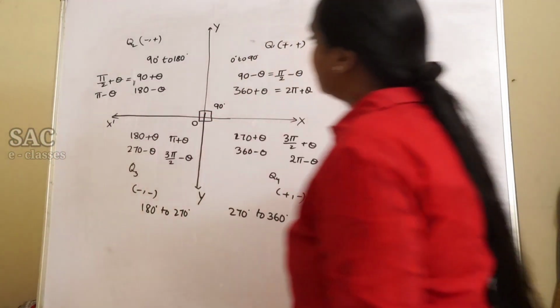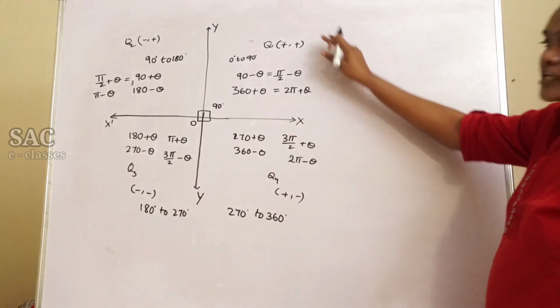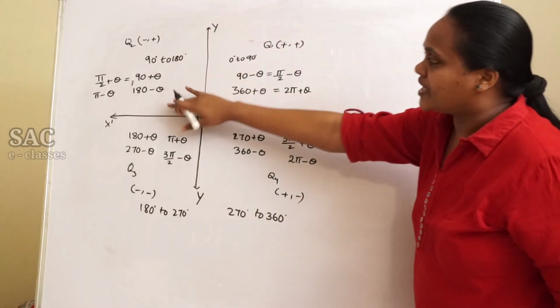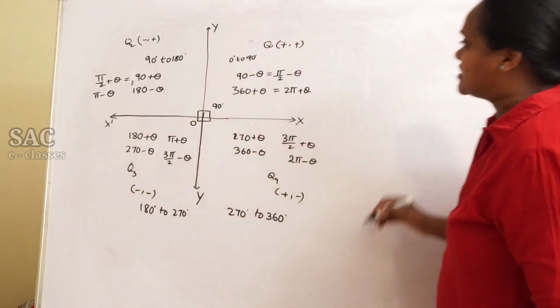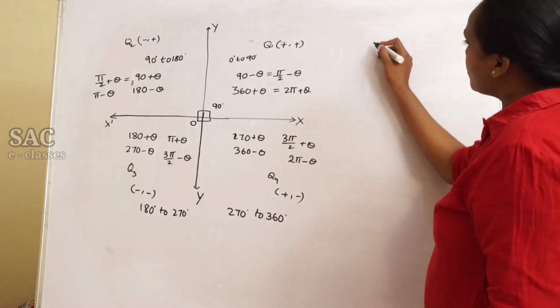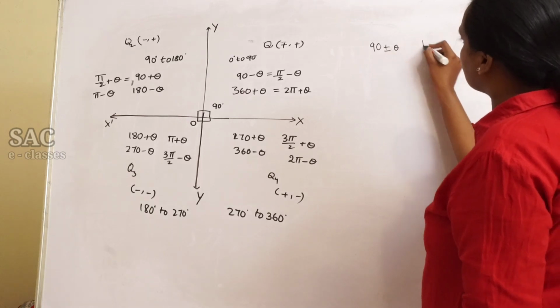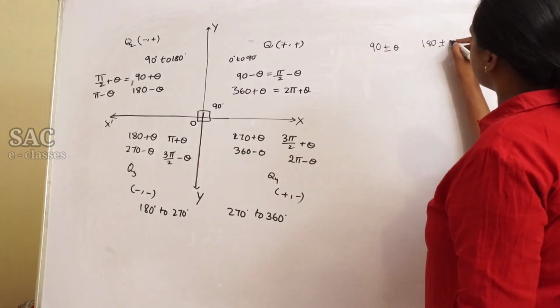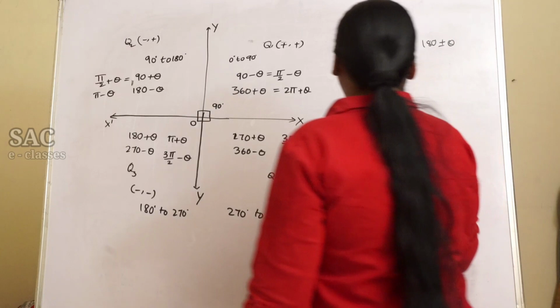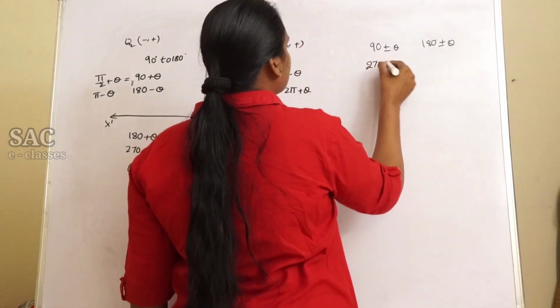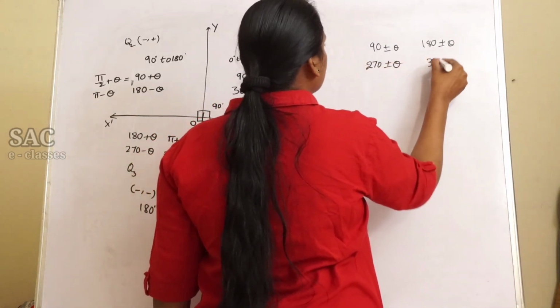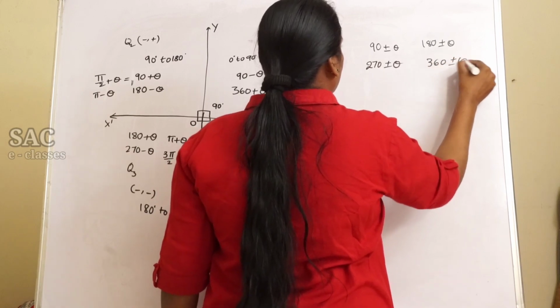That means 90 minus theta, 90 plus theta, 180 minus theta, 180 plus theta, like that. If you observe, totally we got 90 plus or minus theta, 180 plus or minus theta, 270 plus or minus theta, 360 plus or minus theta.